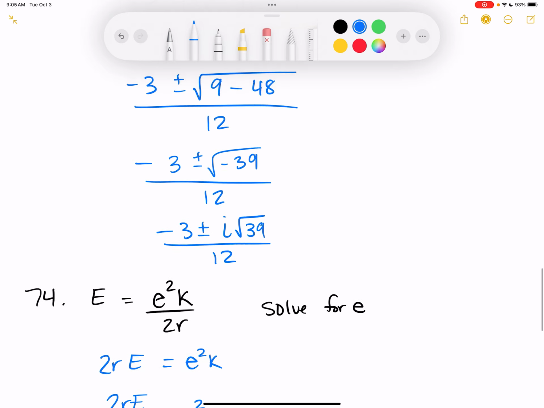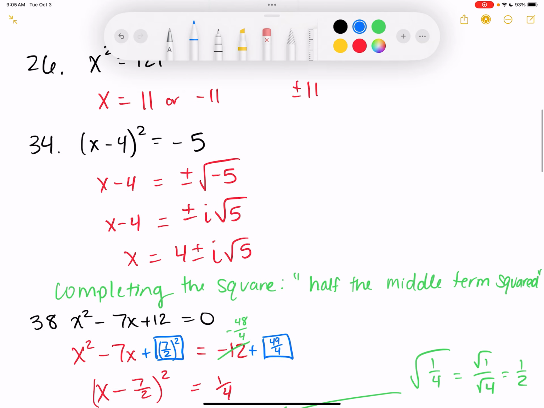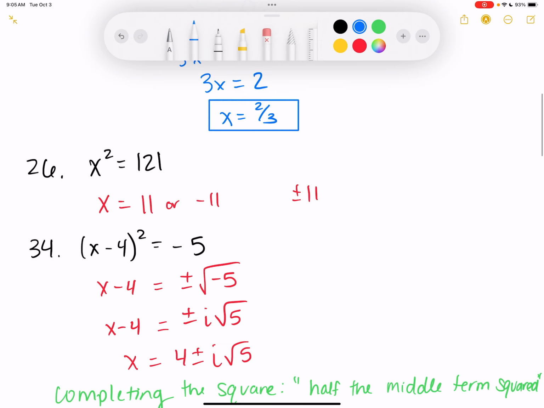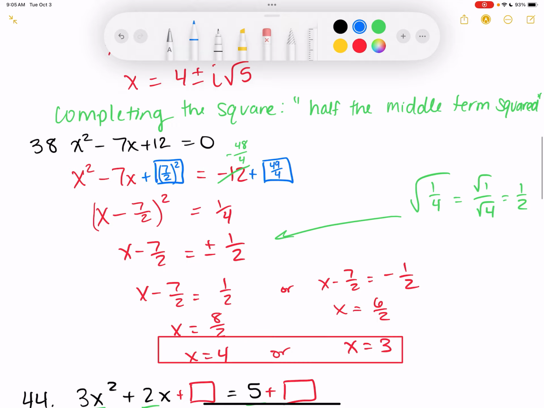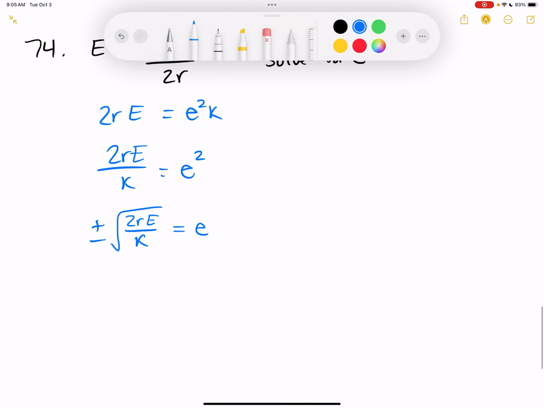What have I done on all these other problems when I took the square root? All the way up here. Oh, plus or minus. So anytime you're taking the square root of both sides of the equation, you're always going to have plus or minus, even if it's just variables.